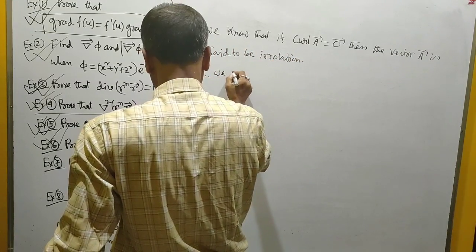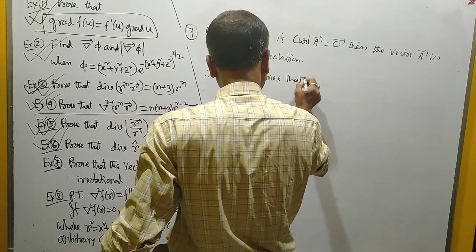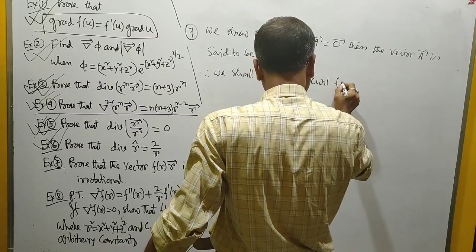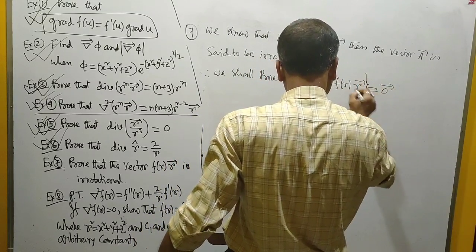Therefore, we shall prove that curl of f(r) r vector is equal to 0 vector.